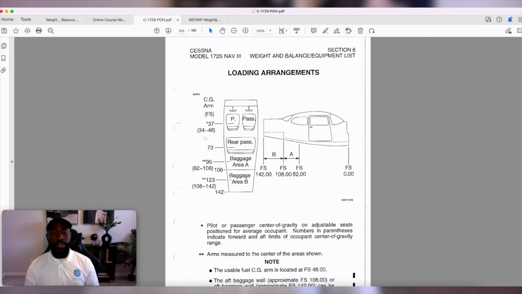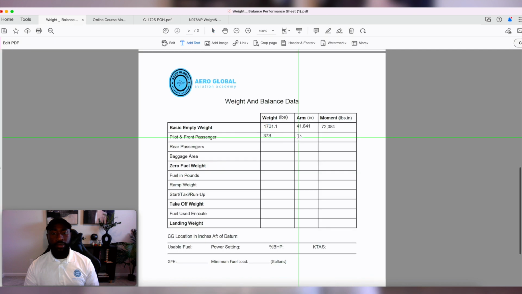So basically it means it could range from 34 all the way to 46, which is the forward and the aft limit for the CG range. So for the purpose of this tutorial, I'll use 37 as the arm for the pilot and passenger. So I'll put 37 in there.